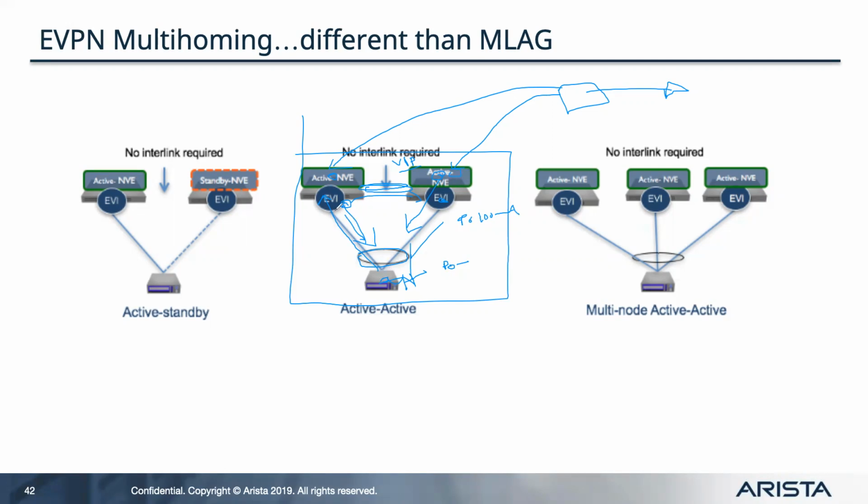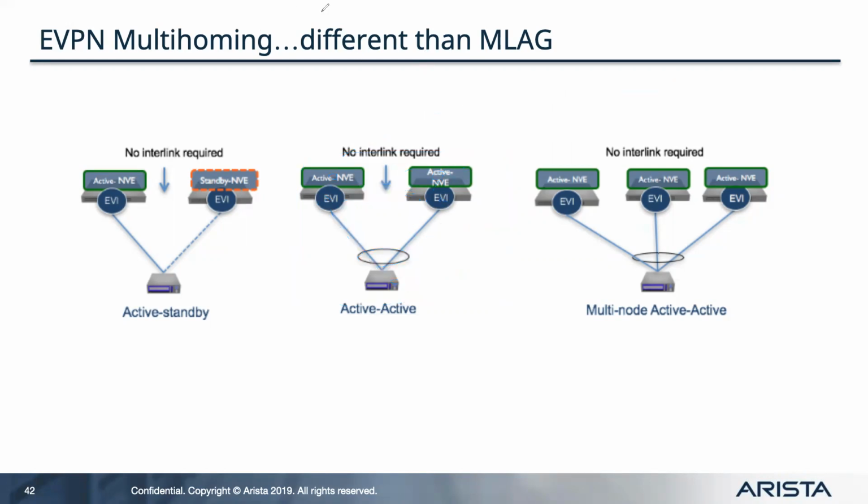Otherwise, if it is MLAG, only one guy will send it out. Have you got this? Right, so these are the different problems which we solve using MLAG. But now it's not possible because we don't have MLAG between these two devices.